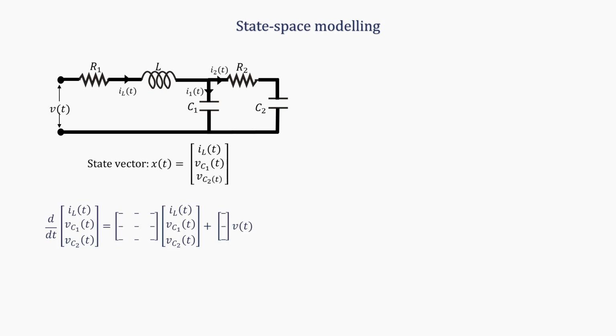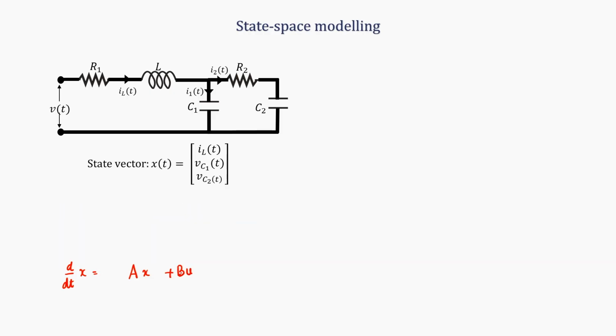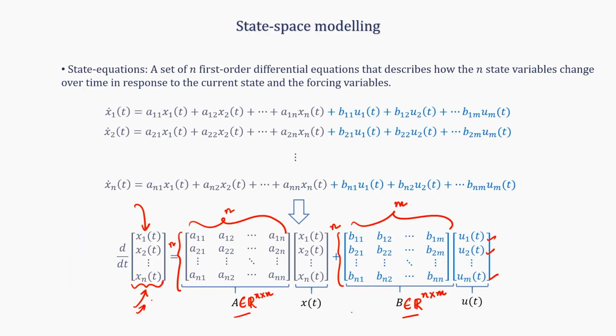So, what are we expecting? If this is the state vector, remember what the equation is like: d/dt of x equals A x plus B u. If you go back, this was your x, this entire thing we are calling x here, fine. So, d/dt of the state vector must be equal to A into the state vector plus B into the input.